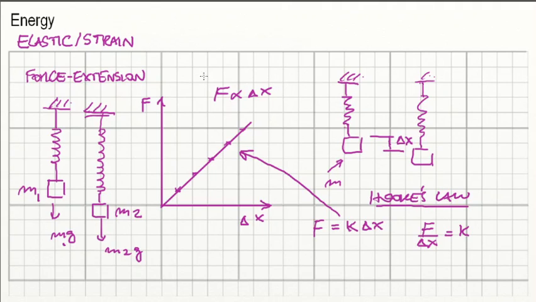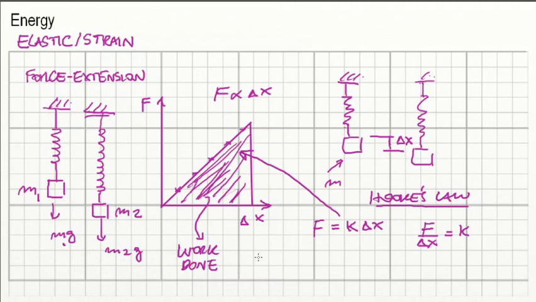Now, when we discussed work, I told you that we can get something from the area of this graph. And actually, the area of this graph gives us the work done. This is a very simple shape, and we should be very capable of calculating its area.